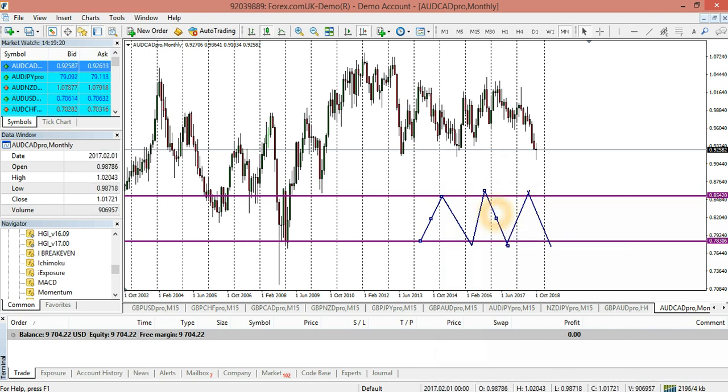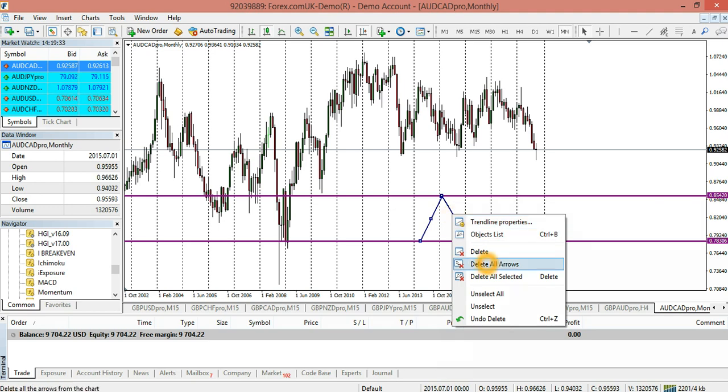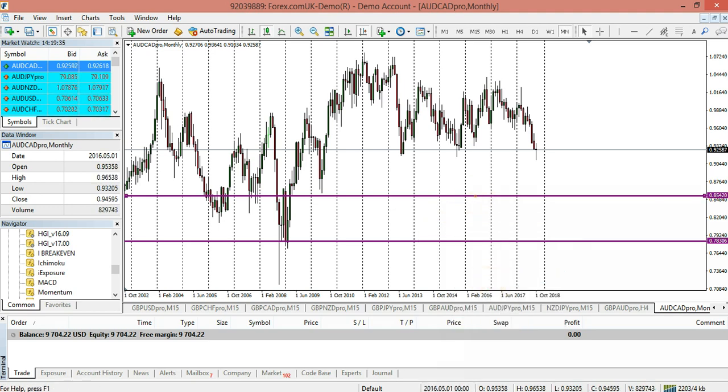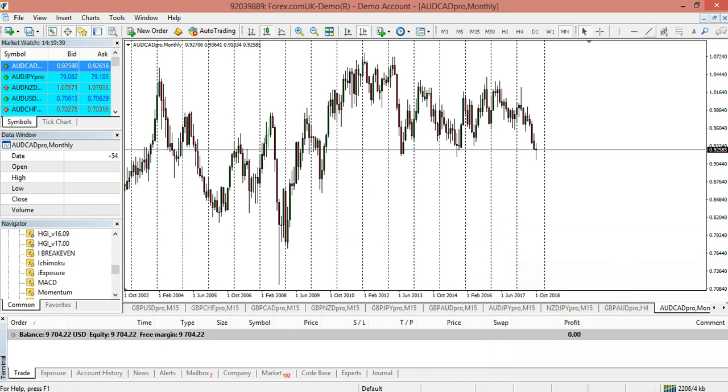Sometimes, however, let me just delete this. The consolidation may be sideways, which is referred to as a channel. Sometimes it can be sideways, which is to say, let me just show you this. Sometimes it can be something like this.